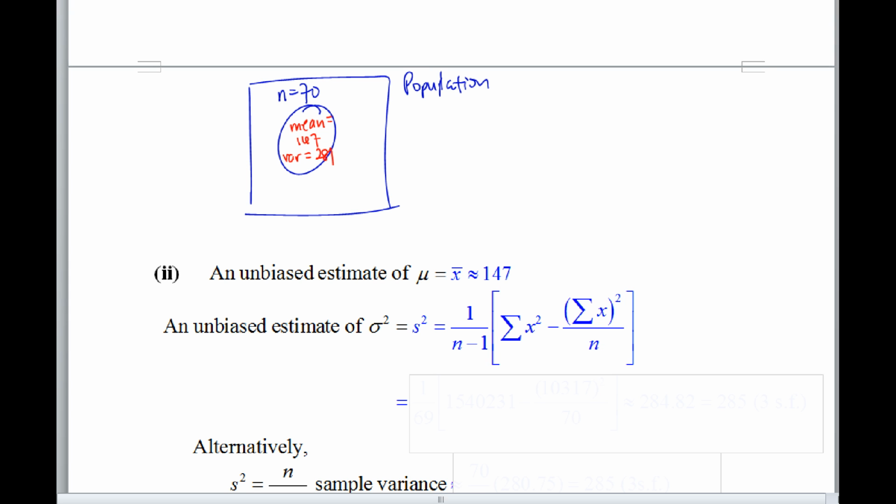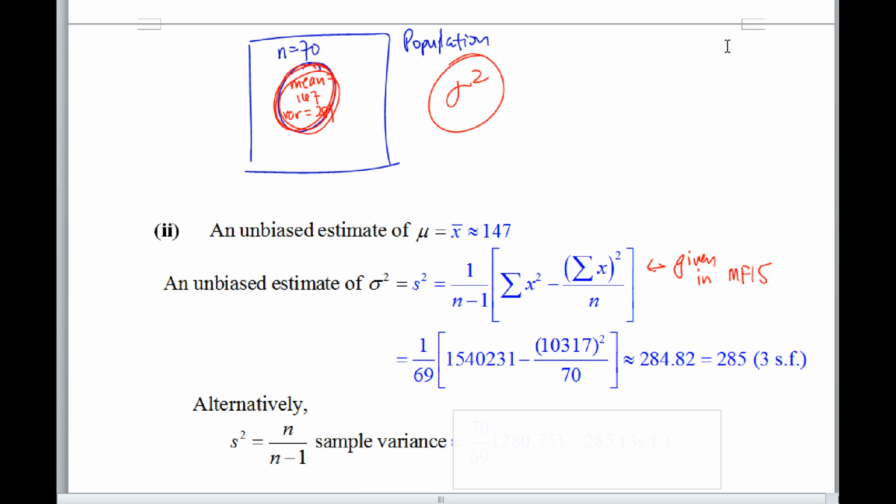This is given in MF15. Yeah, this is given in MF. You want to make use of this group of data to estimate the sigma square. Then you just sub in the values.